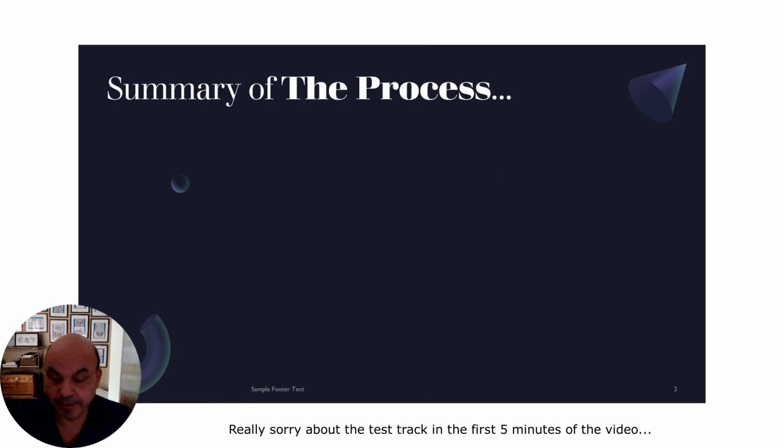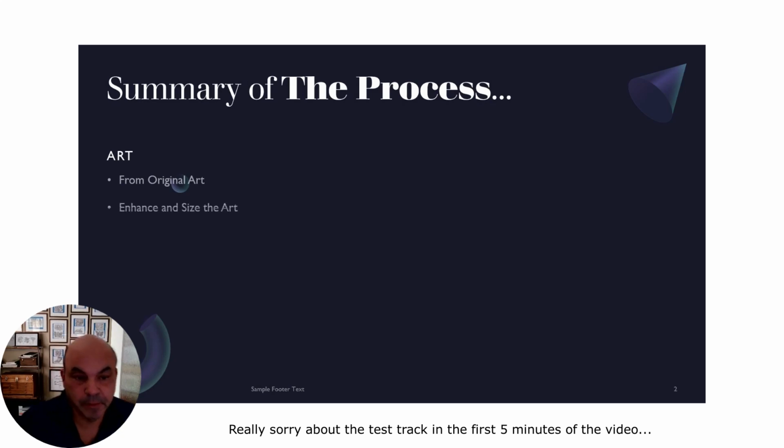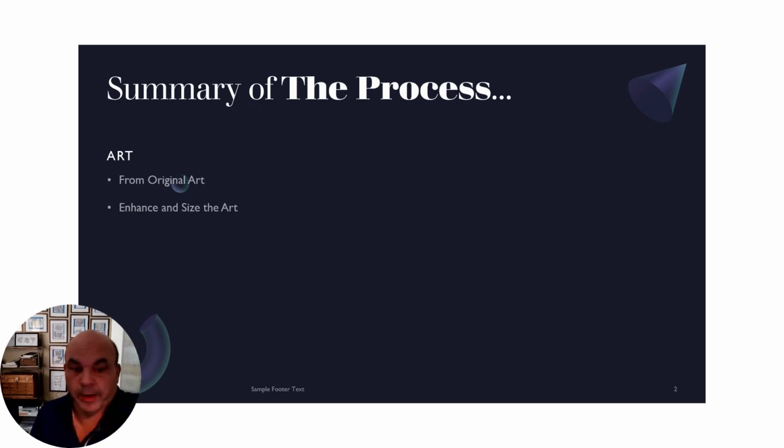So the process of the creation is, once you have the art piece, you get the original art, then you enhance and size the art to the right size, and you use a combination of AI tools and eyeballing some of them to see.